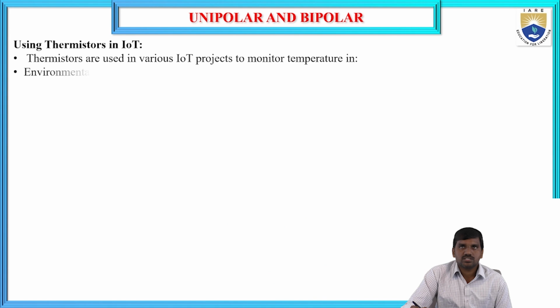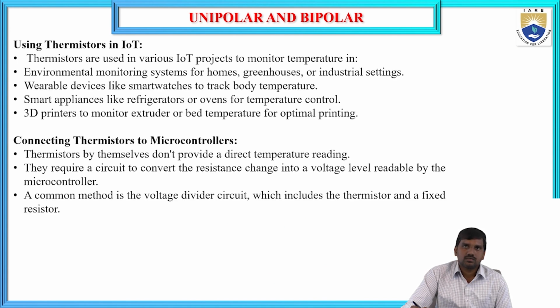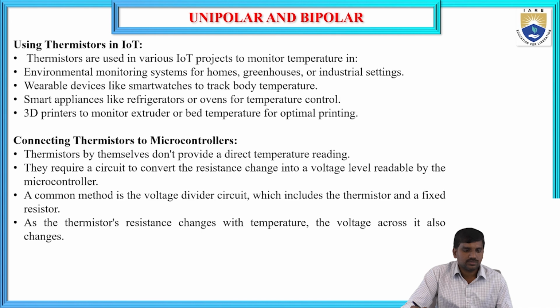And using thermistors in IoT, we have different aspects. Thermistors are used in various IoT projects to monitor the temperature in environmental monitoring systems for homes, greenhouses, and industrial settings, and wearable devices like smartwatches to track body temperature.